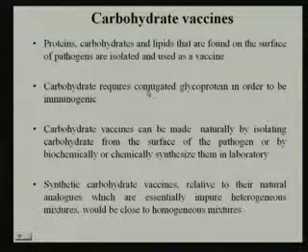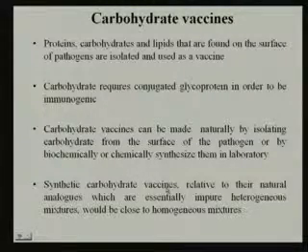Carbohydrate requires a conjugated glycoprotein in order to be immunogenic. Carbohydrate vaccine can be made naturally by isolating the carbohydrate from the surface of the pathogen or by biochemical or chemical synthesis, which is possible in the laboratory.